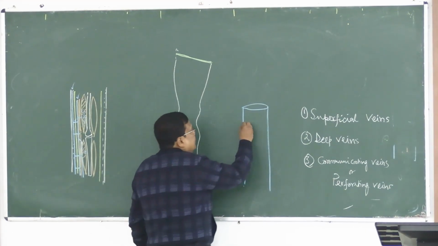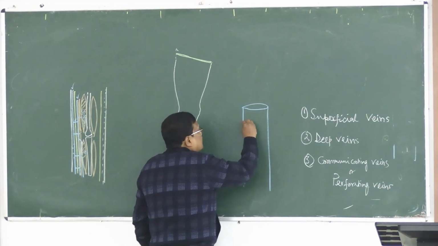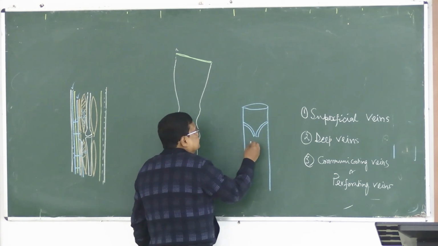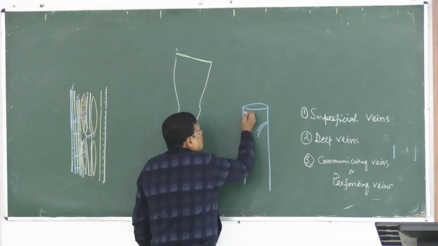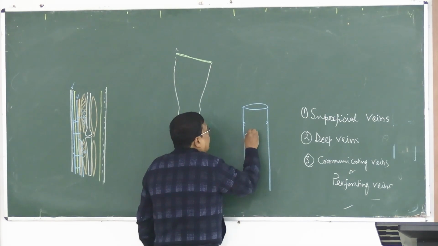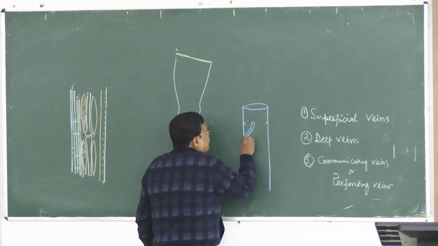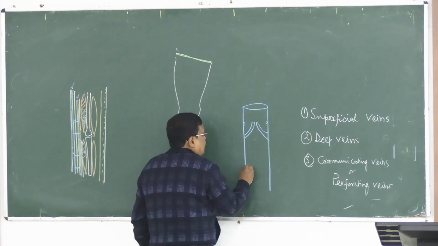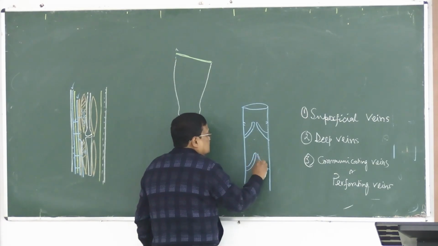Within the course of the vein, like the tricuspid and bicuspid valves in the heart, there are valves, flaps of tissue.